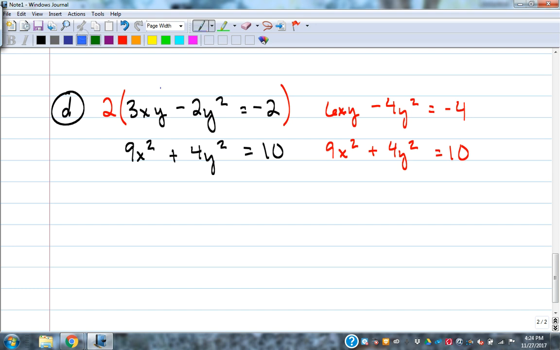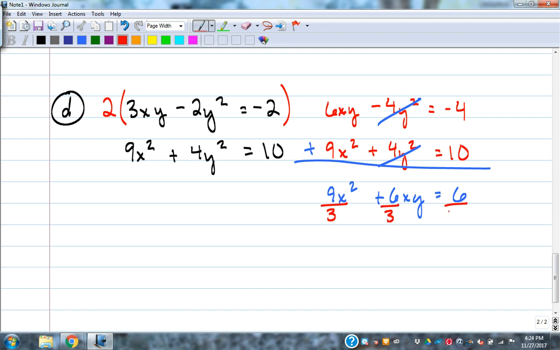And then when I add those two together, the y squareds go away, so that I've got this equation that's not really pretty, but it is just one equation now. And I'm looking at that and I'm thinking, okay, maybe I could simplify that a little bit. 9 and 6 and 6 are all divisible by 3. So I'm just going to divide everybody by 3 just to make the numbers smaller.